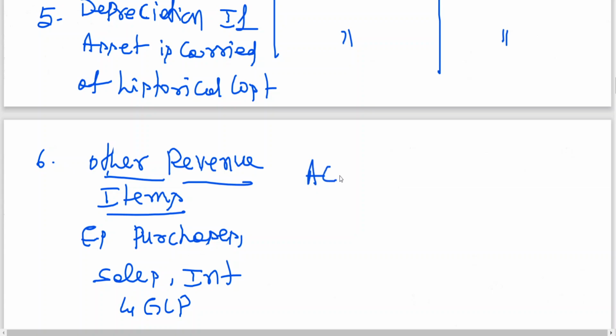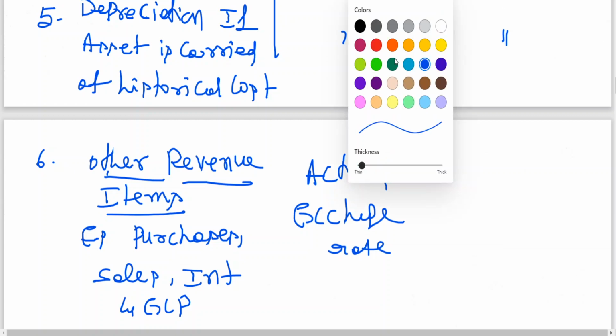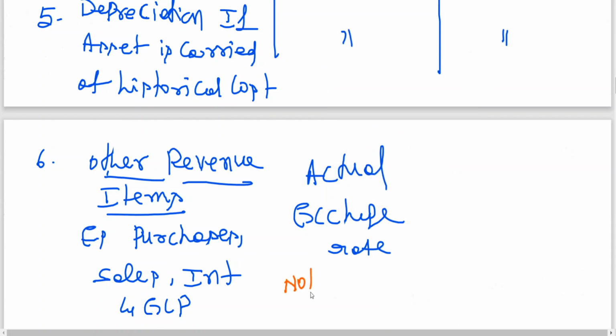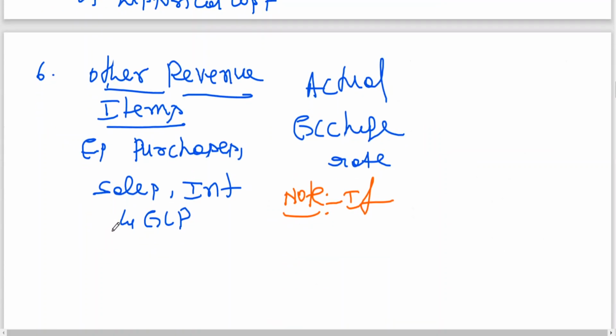Here also, actual exchange rate. But here I am writing a note. If actual exchange rate is not given, use average rate.